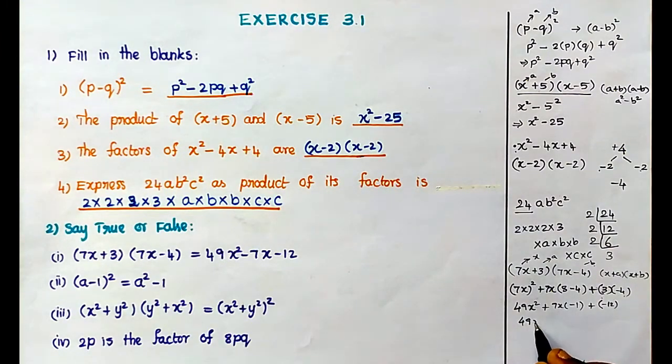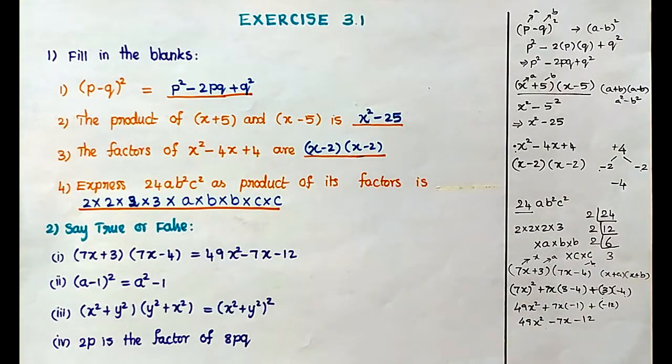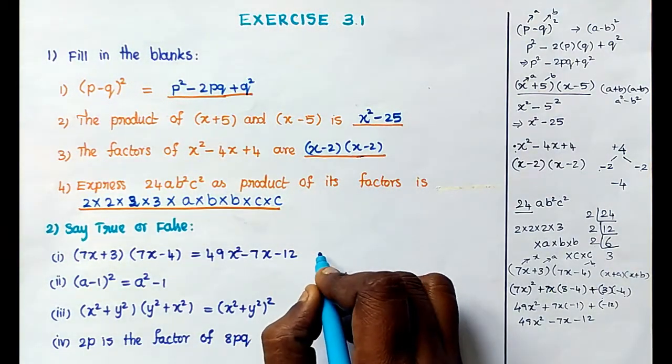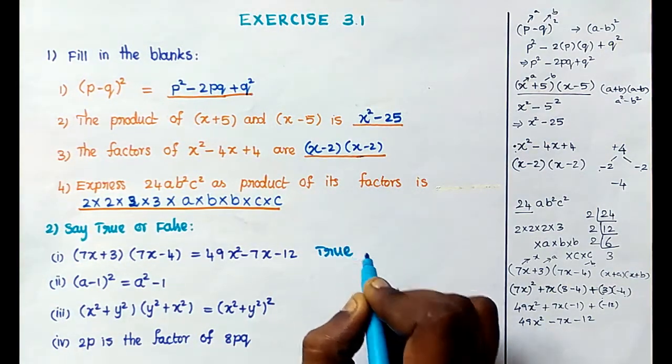So we get 49x squared minus 7x minus 12. They have given the same, so that is true.